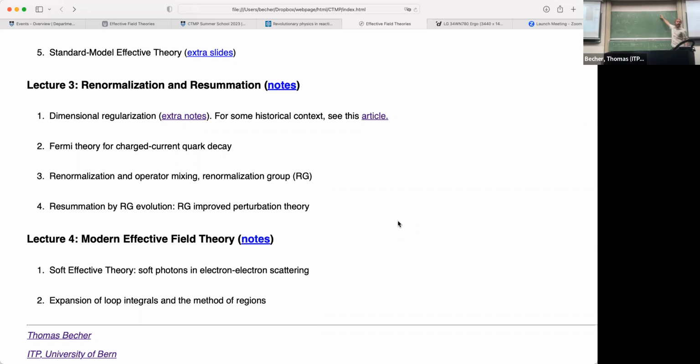This also depends on mu because it depends on alpha S, and this is the renormalized coupling, and the renormalized coupling is also a function of mu. So this also depends on mu.